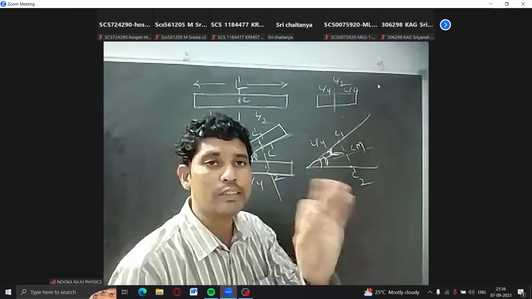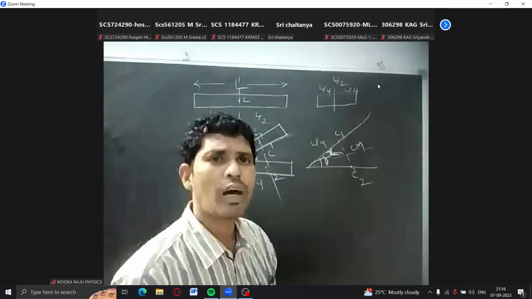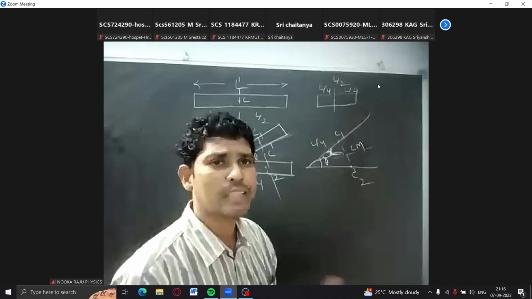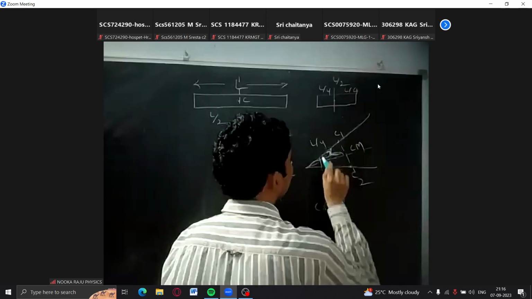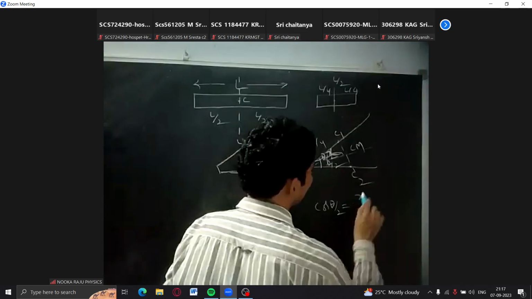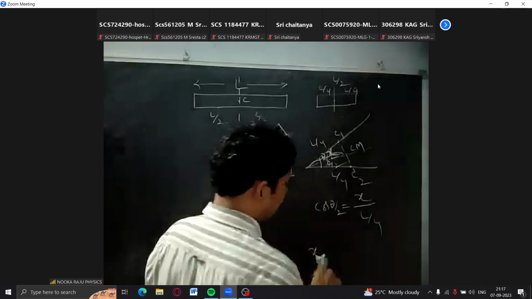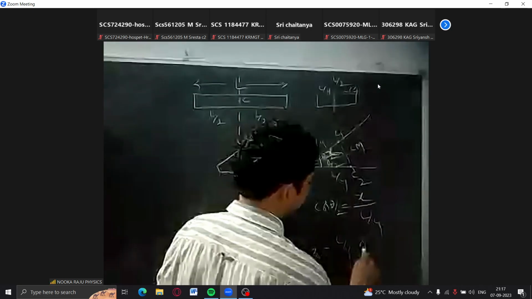Which angle is sufficient to calculate the x value? Cos angle. This total angle is theta by 2. We can calculate cos theta by 2 equal to x by L by 4. So finally x equal to L by 4 cos theta by 2.